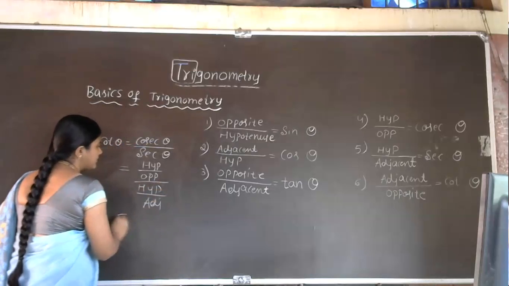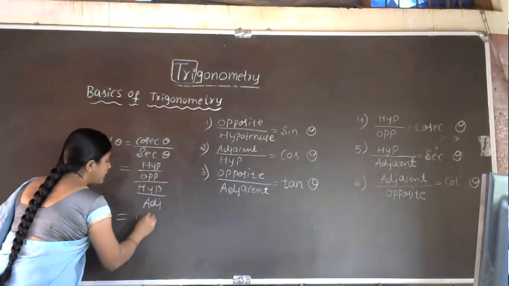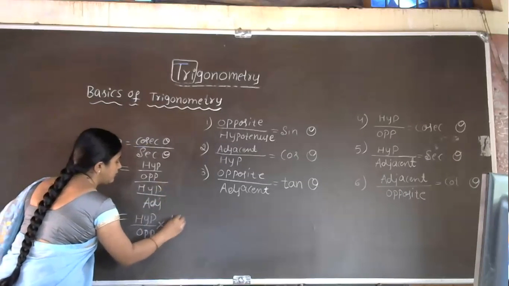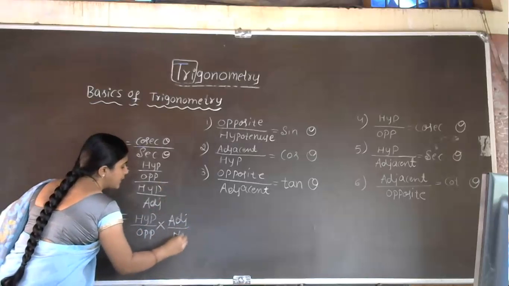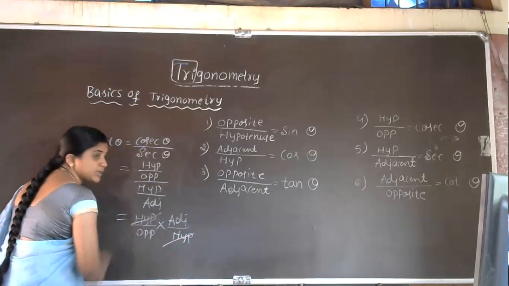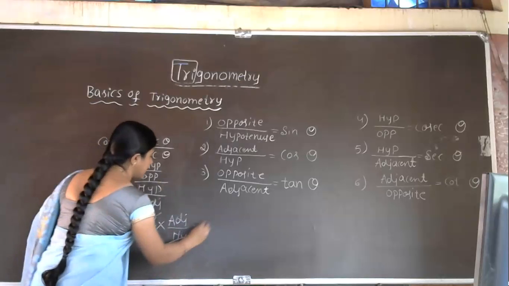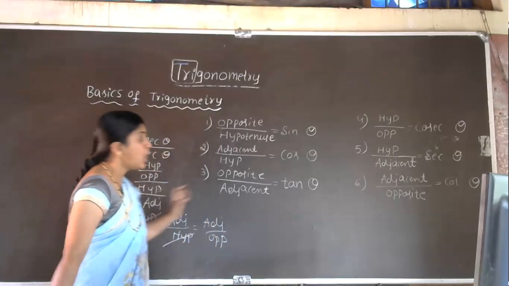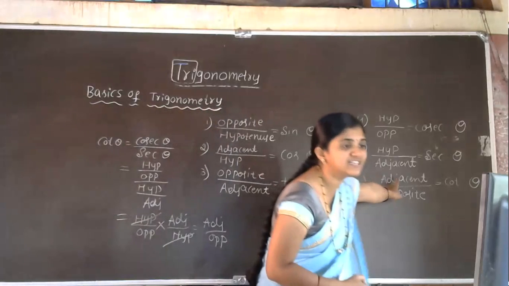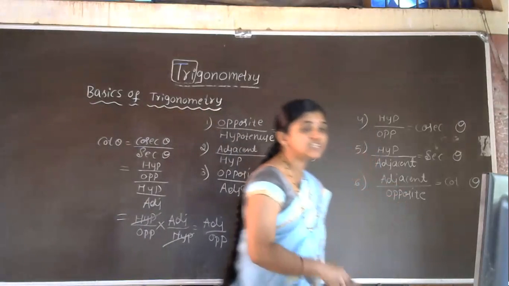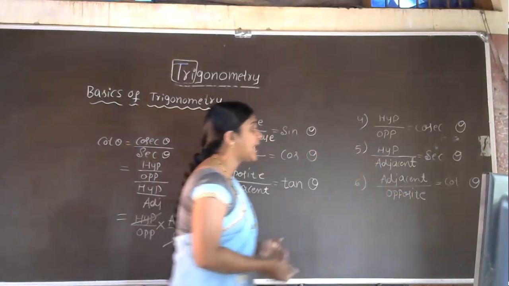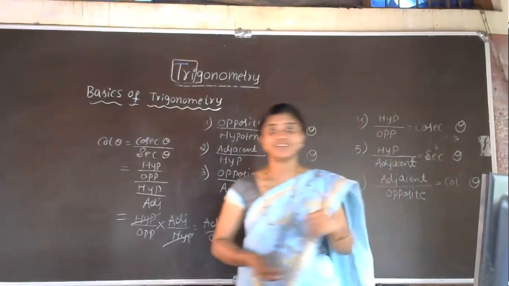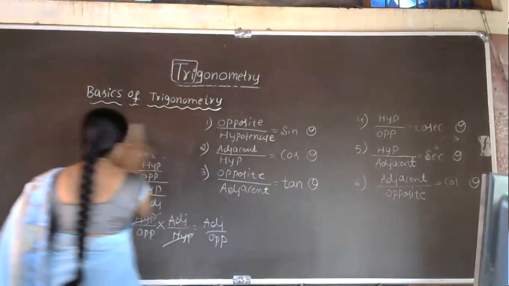After simplification, hypotenuse divided by opposite, into the reciprocal, adjacent by hypotenuse. Here hypotenuse gets cancelled. Remaining is adjacent by opposite. Yes, cot theta is adjacent by opposite. So we got one more relationship: cot theta is equal to cosec theta by sec theta.